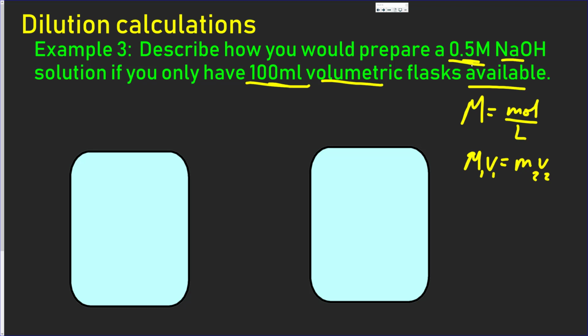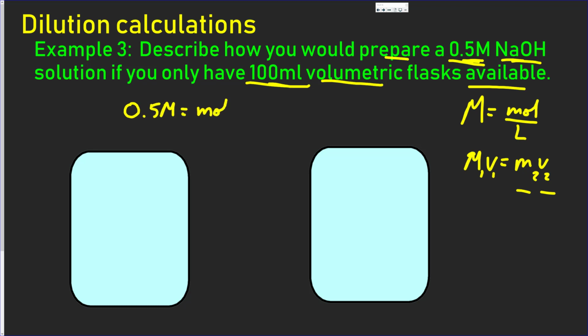I don't know how much of this NaOH I need, and I can't really dilute it because I don't know how much volume I have or the molarity. So the first thing is I'm preparing this. I need to know how many moles I have, because then I can figure out how many grams. So the first step is to change this 0.5 molarity to moles.